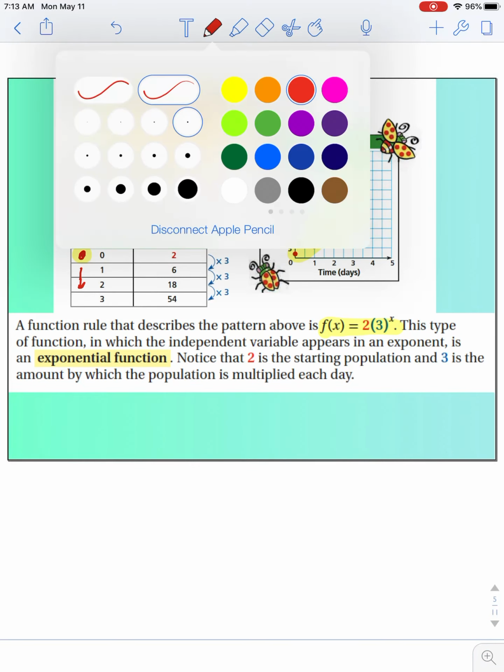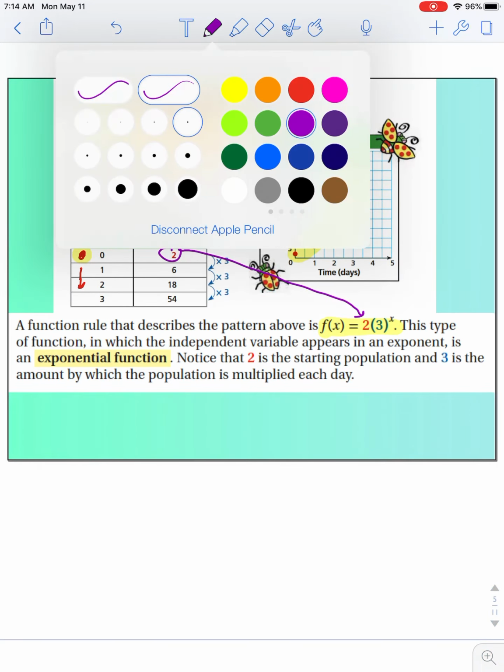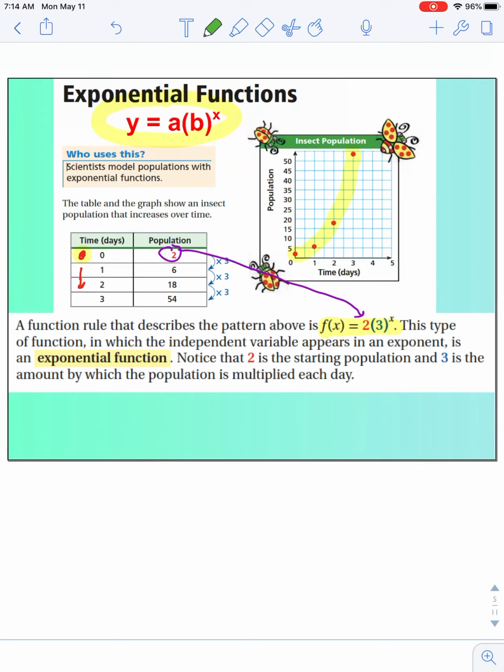The 2 right here is our starting population. Also notice that when it's tripling, this times 3 part is what we're raising to that x power. And what the x stands for is the number of days.